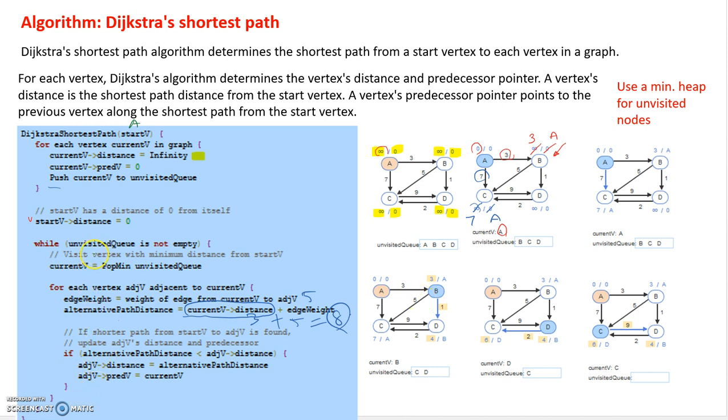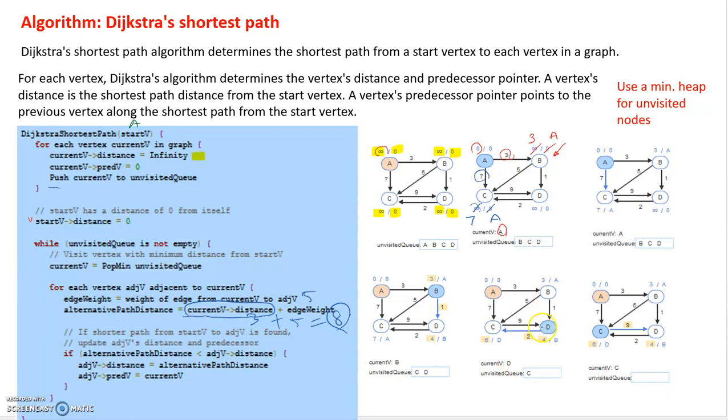We go back to the top of the loop, and then is the queue or heap empty? It is not. What is the minimum between C and D? Minimum between C and D is D. So D becomes the current node. C stays in the queue. And then for each vertex adjacent to D, what are the nodes adjacent to D?